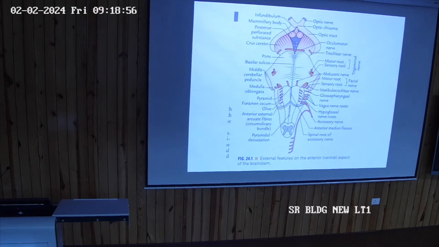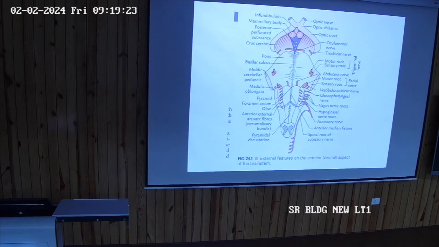Uppermost is the glossopharyngeal, the 9th cranial nerve. Below the glossopharyngeal, you can see the rootlets of the vagus nerve, the 10th cranial nerve. And more below it, there is the rootlet of the accessory nerve. So the 9th, 10th and 11th cranial nerves come out from the brain stem through the posterolateral sulcus.